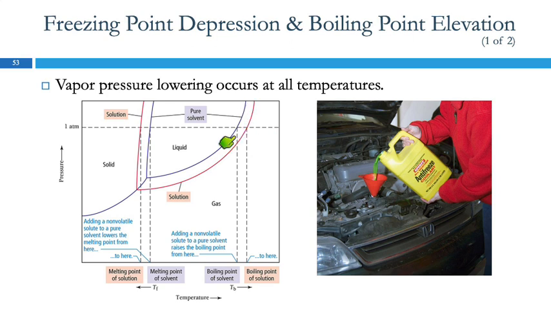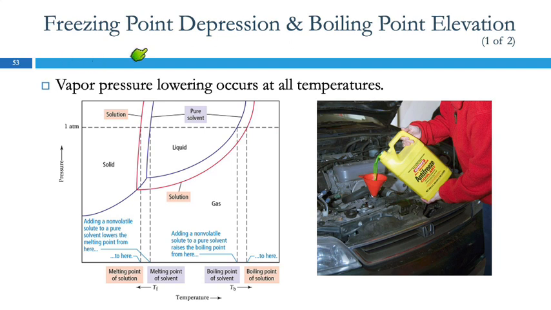The boiling point, remember, is where the vapor pressure of the liquid is equal to atmospheric pressure. So there's the boiling point of the solvent. When we've added a solute to it, now the boiling point gets higher. Over here, we see there's the freezing point, and the freezing point moves to the negative direction. So it becomes lower.